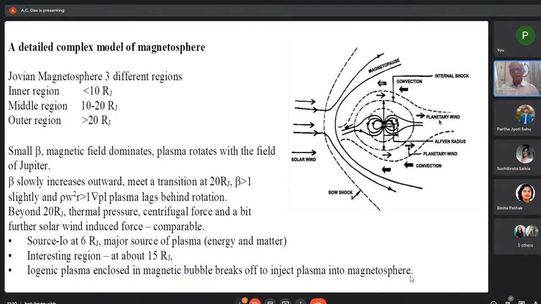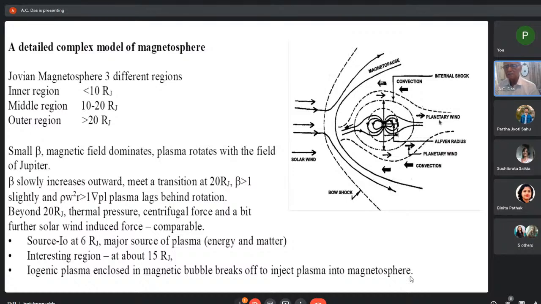One is Io, a moon situated around 6 RJ, and that is the major source of plasma for the magnetosphere of Jupiter. What is it? This is a moon which is quite active, volcanically quite active, and it gives rise to a lot of sulfur dioxide material from inside, and the magnetosphere of Jupiter is loaded with this.